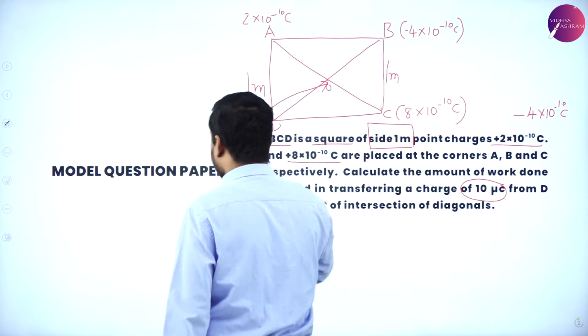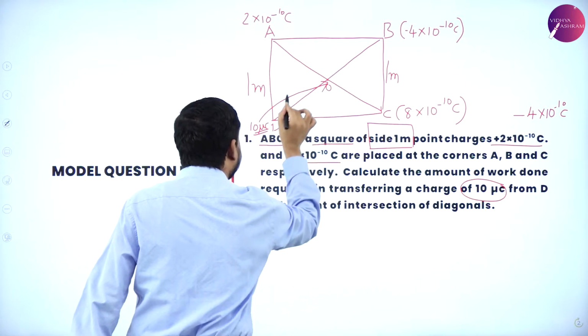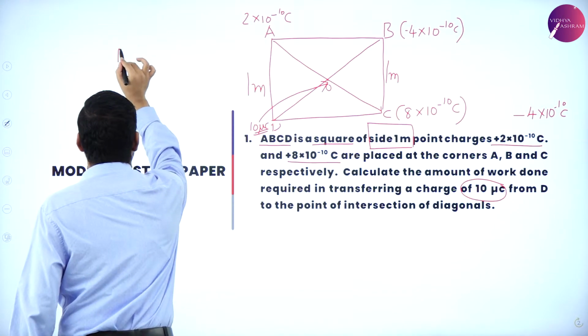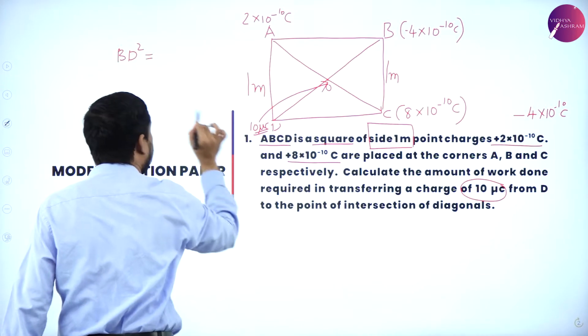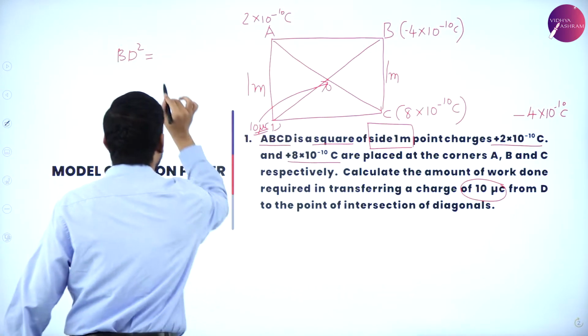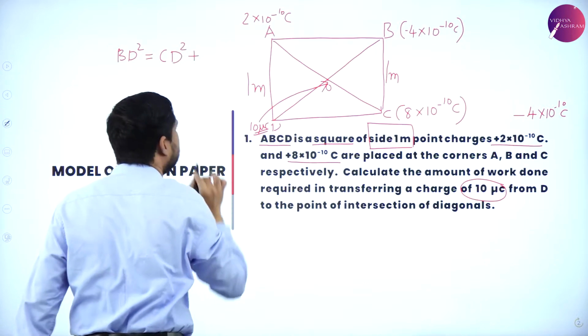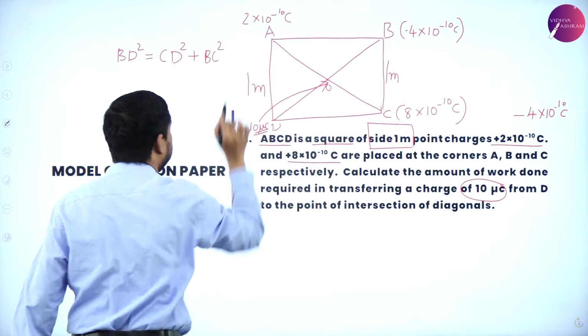So I consider the triangle BDC. So BD square, the hypotenuse BD square is CD square plus BC square.